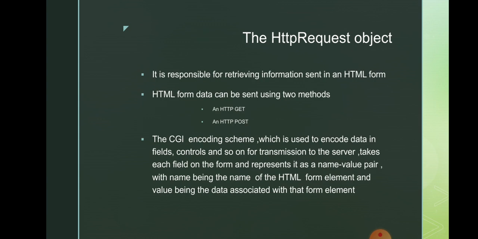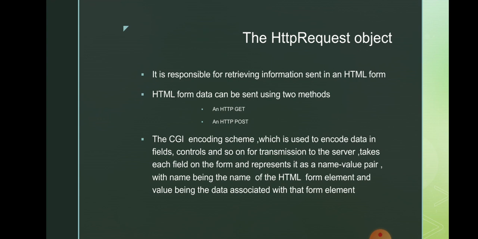Next, we are going to discuss the various ASP.NET Intrinsic Objects. Here I am listing out the various types. The first one is the HTTP request object. Next, the HTTP response object.